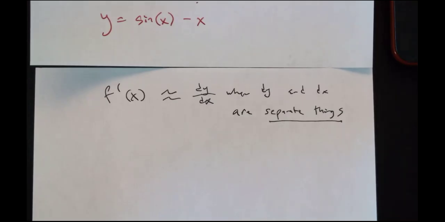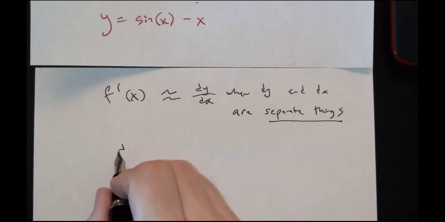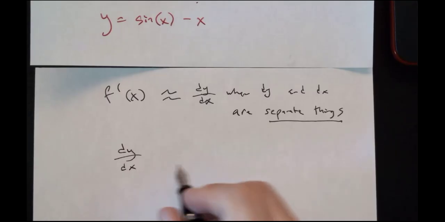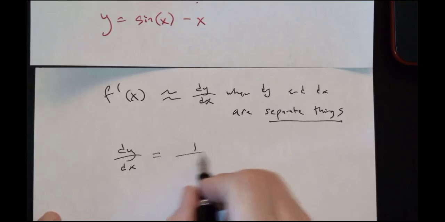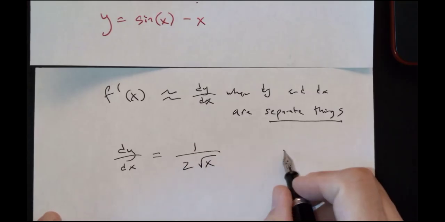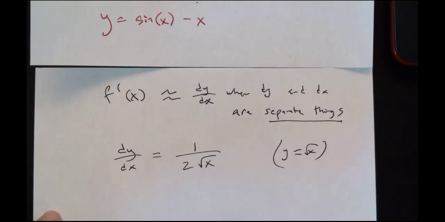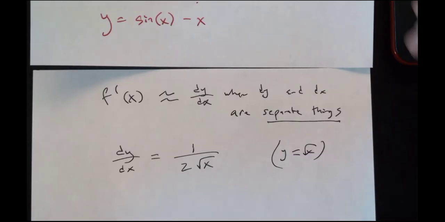Because we had the little triangle that we were looking at for the slope of the secant line, and then we let the ratio of those two things, and we let dx get smaller and smaller. That was our h going to 0. But I can think of them as if they were separate items. When we were looking at the square root of x, we took the derivative.